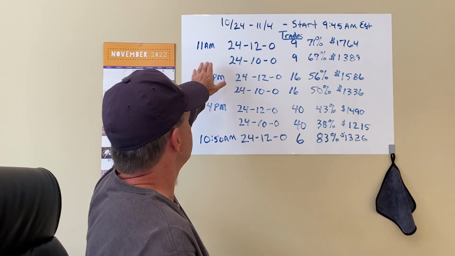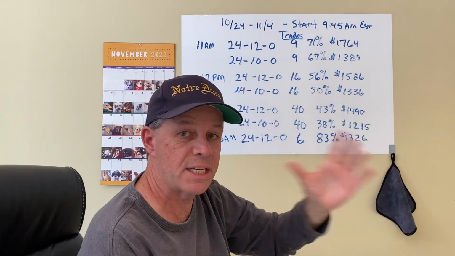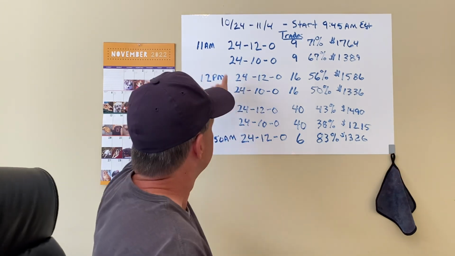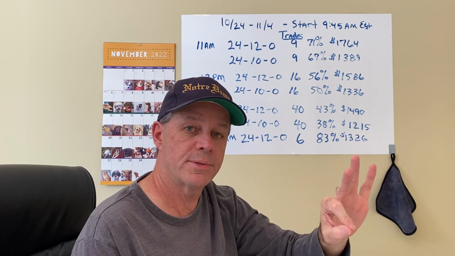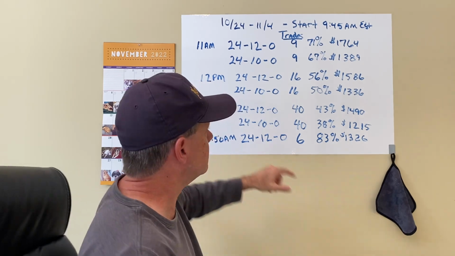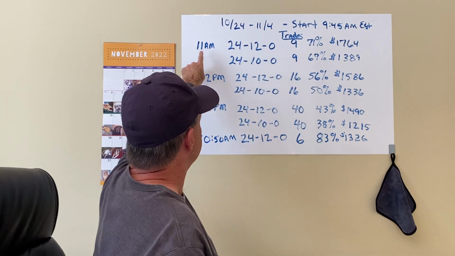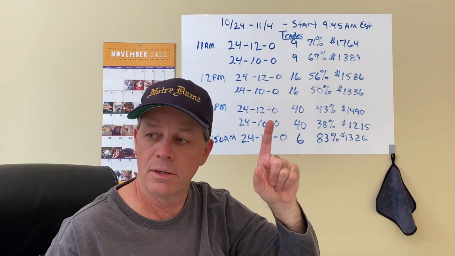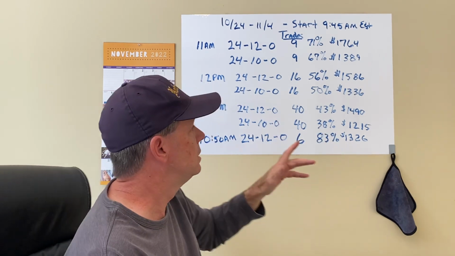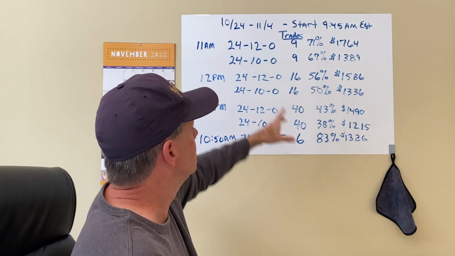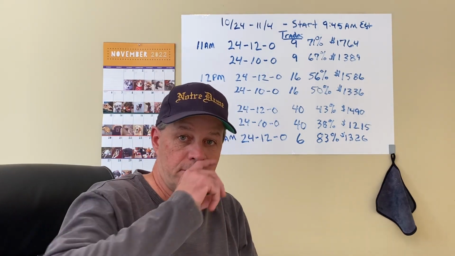So what I decided to do was go with a 24, which is a 6-point target, with a 12-tick stop, which is 3 points. So 2 to 1. If you started at 9:45 and you ended at 11 and you did the continuation trade off the 5-minute chart alone, following the rules, you had a 71% win rate.